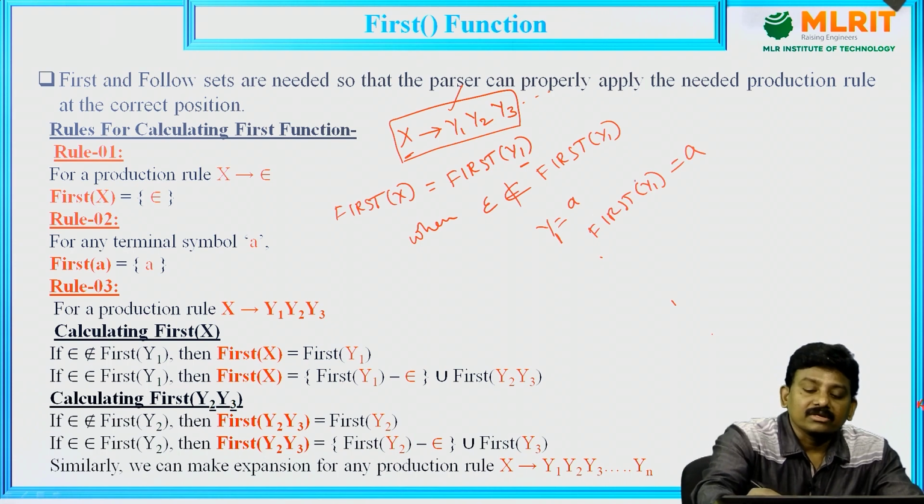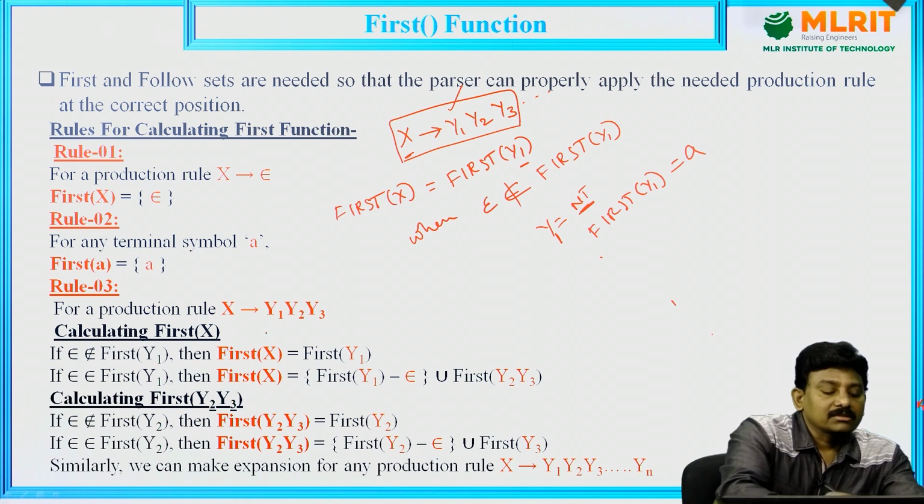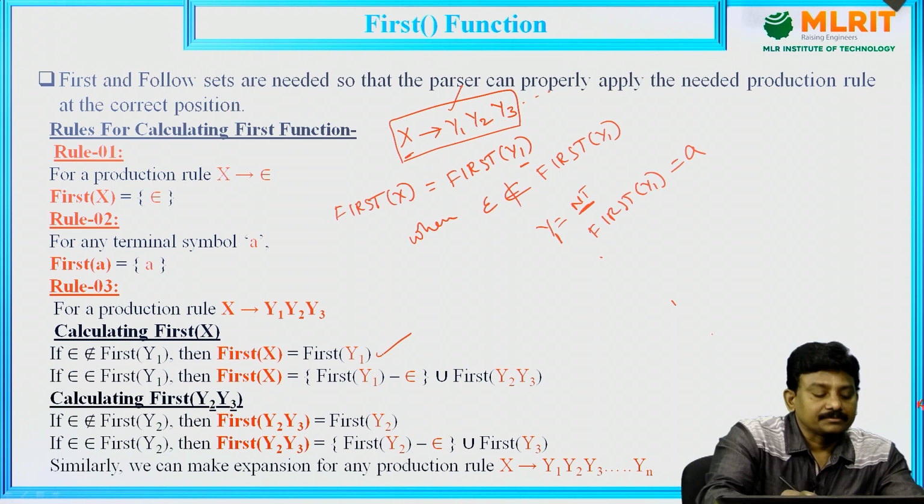If Y1 is a non-terminal, you have to calculate first of that non-terminal. So if epsilon does not belong to first of Y1, then first of X is first of Y1.